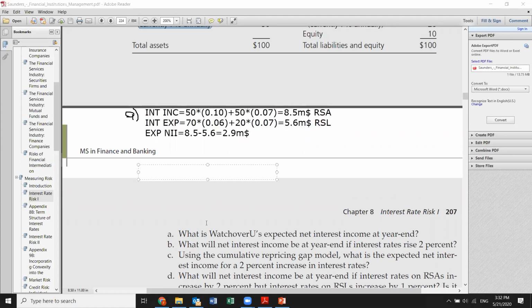In the B part, what will be net interest income by the end of the year if interest rate rises by 2%? Your turn to help me, please.